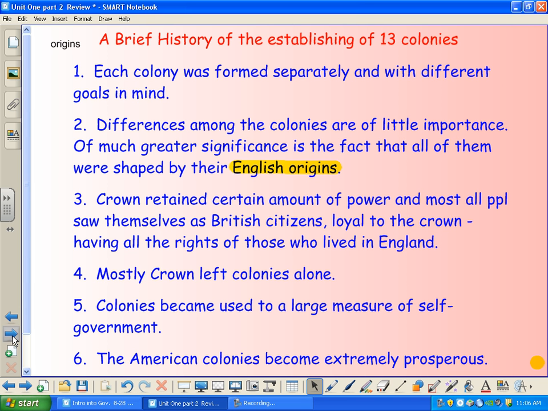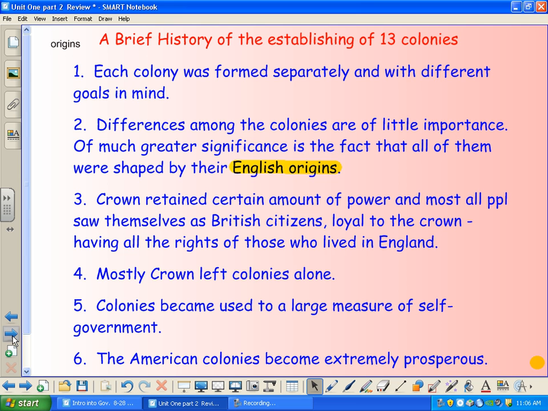Number three, at that time of the original colonies, the Crown did retain a certain amount of power, and most people saw themselves as British citizens. This is important because this is at the heart of why we will become so angry as to revolt against the Crown. We believed ourselves to be loyal to the Crown, and because of that, we had all the rights of those who lived in England.